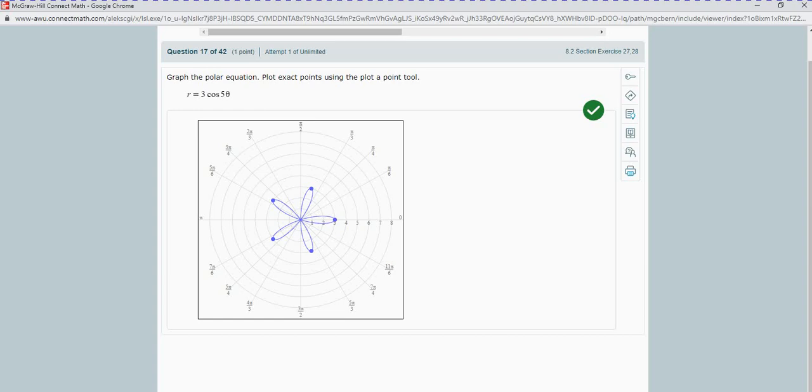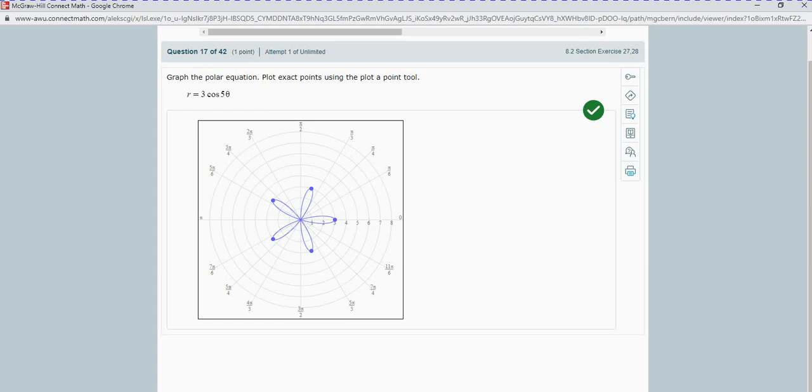So graphing something like a rose is probably one of the more challenging things we do in polar coordinates. It's kind of a satisfying graph to generate, but it's definitely not an easy graph to generate. So understanding something about the symmetry of the graph, and then falling back on what we know about the equation and what the equation tells us about the shape, we can determine it's a rose based on having a multiple of theta within our sine or cosine.